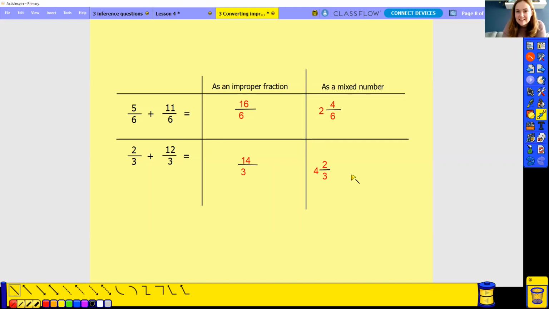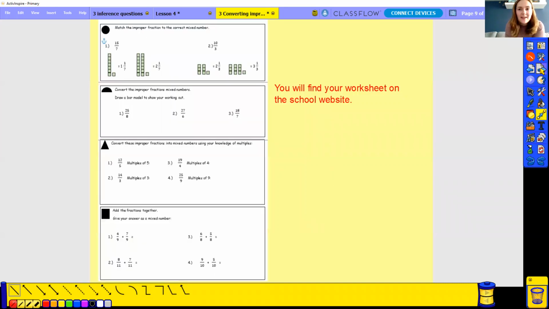Okay. Right, let's move on. Okay, so your work for today. On the school website, you will find your work for today. There is a circle to square sheet, and then there is the extension sheet if you finish that and you're confident. So then you can go on to do the pentagon and the hexagon sheet. The questions are very much what we've just done on the board. So there's nothing that's any different.